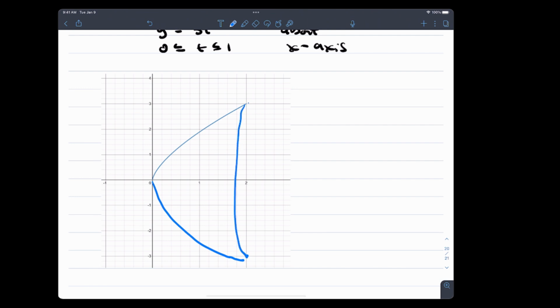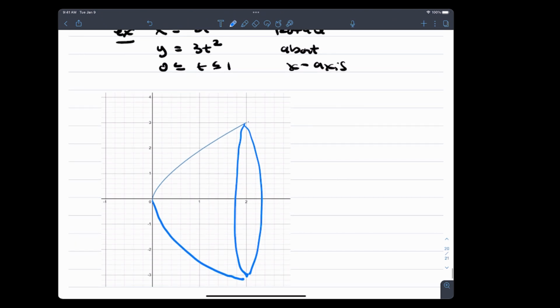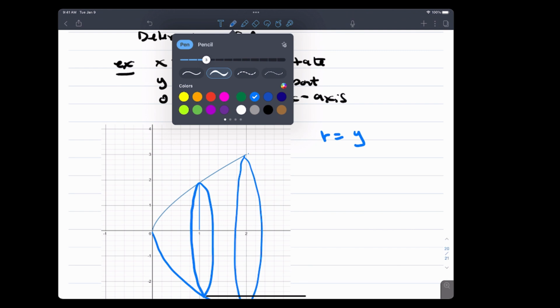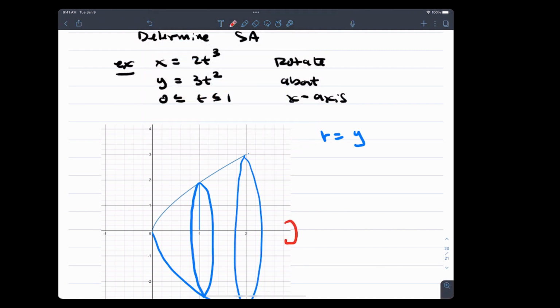So just to remind you guys, you're taking that, and the radius is the y value. When you rotate about the x-axis, your radius is that y value right here.